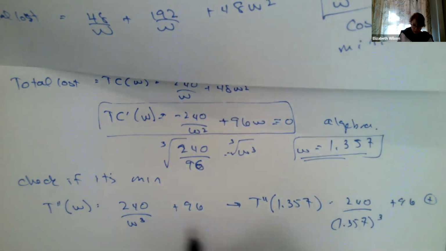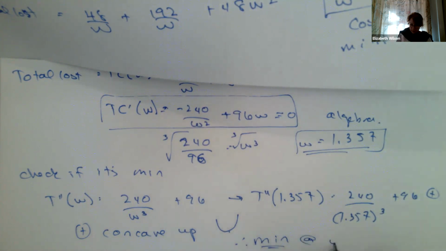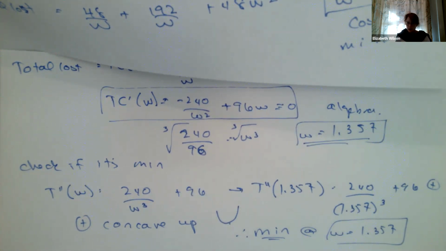A positive number on my second derivative means it's concave up, right? Which means that we're dealing with a minimum at W equals 1.357. So if I make the width equal to 1.357 meters, then I'm going to minimize the surface area, which then minimizes the cost.